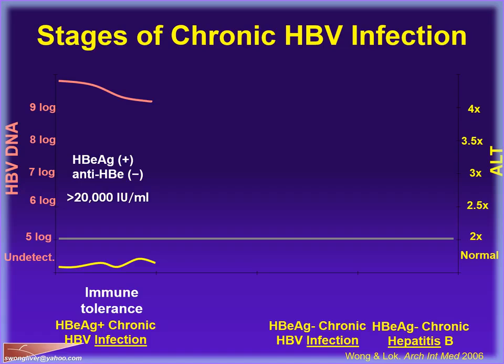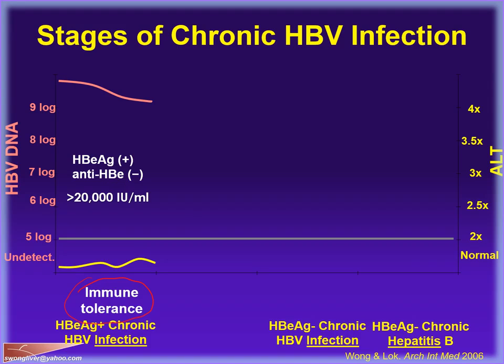Now this next figure is really to show you the differences in the stages of a chronic infection. The first stage is what we call the immune tolerance phase. Immune tolerance, as the name implies, means that the immune system is tolerating the presence of the virus. So what happens if the immune system is not active against the virus?